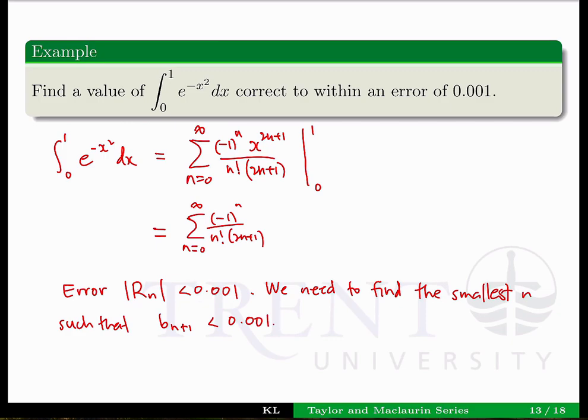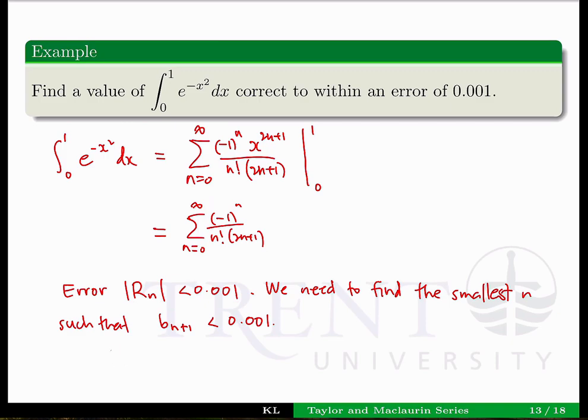If this is true, since your b sub n plus 1 is greater than or equal to r sub n, then this inequality here will hold. Now, what is b sub n? This is our b sub n here.